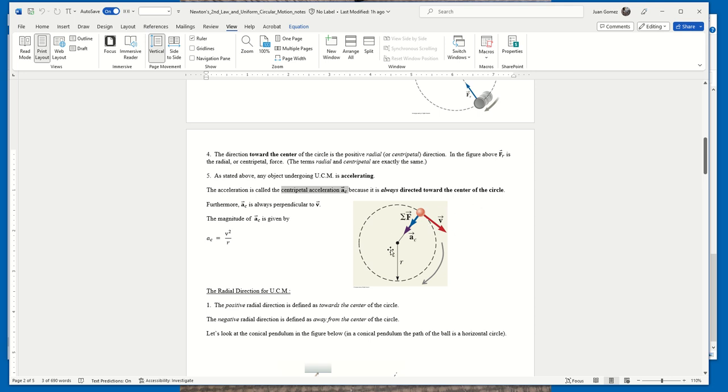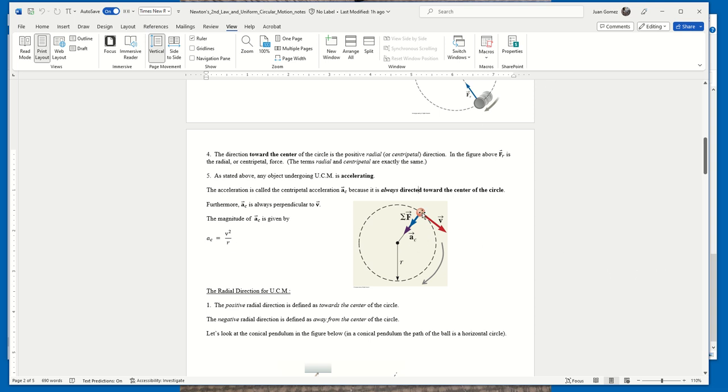And the net radial acceleration or centripetal acceleration is, no matter where the object is on the circle, always directed towards the center. So the purple vector representing a_C towards the center, the blue vector representing the net radial force towards the center.